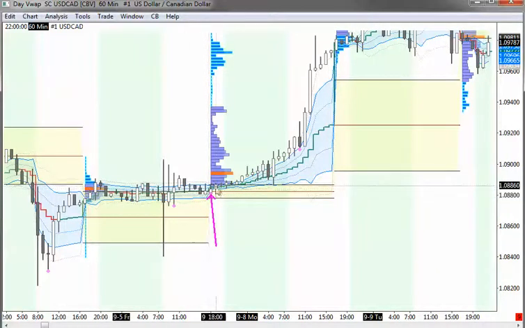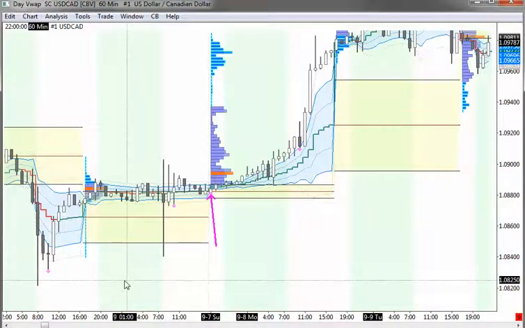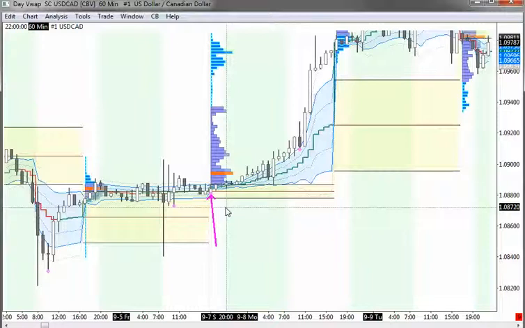So the value area high from Friday and the value area low was very, very small in range, which provided, as the day progressed, it looked like it was going to be support, because on the actual day on Friday, we had come down and hit the value area low from Thursday. And so this is what I'm talking about in using several days to kind of get a picture.